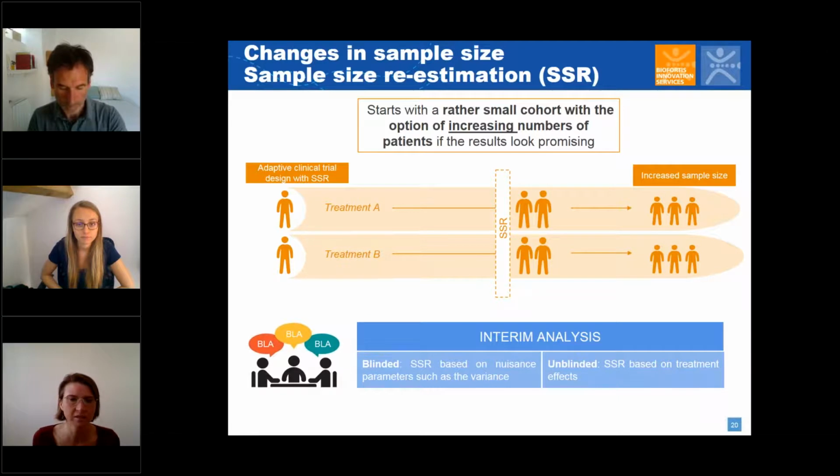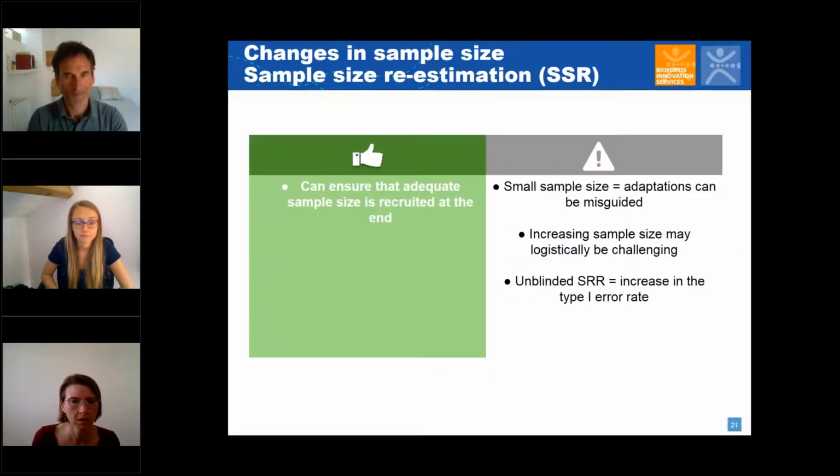In contrast, sample size adjustment based on knowledge of the unblinded treatment effect sizes at an interim stage of the study can cause an increase in the type 1 error rate, that is, a false positive conclusion. So to protect against such an increase, a statistical adjustment is necessary for the final study analysis.